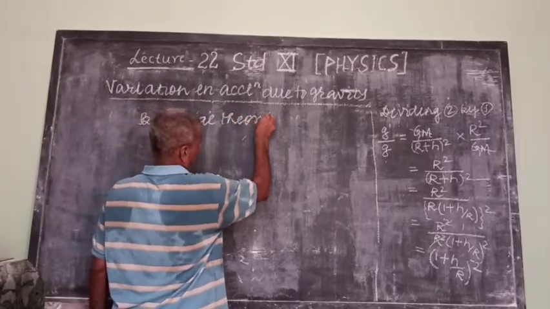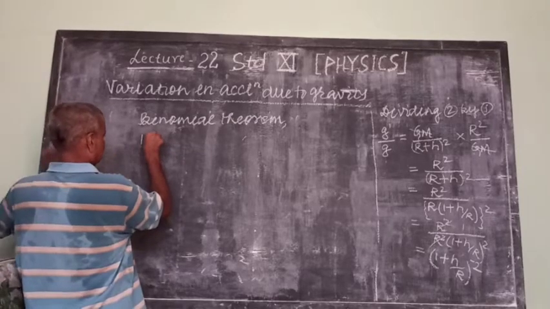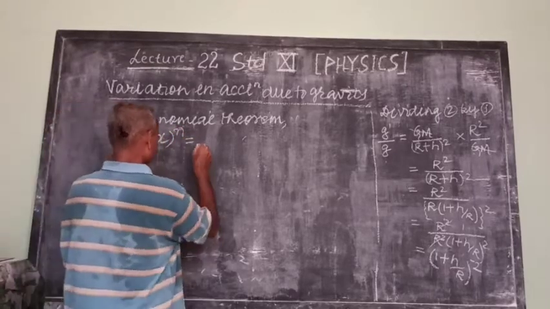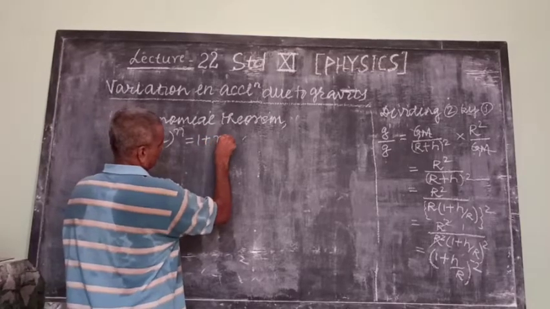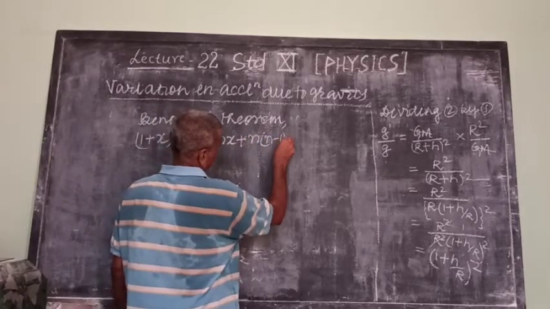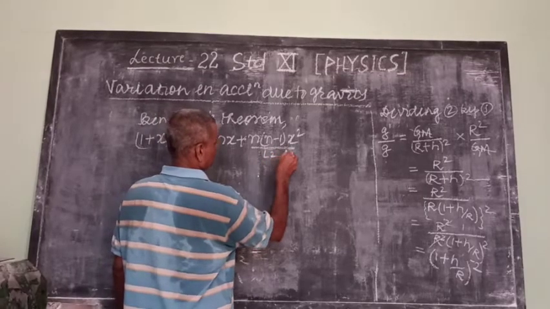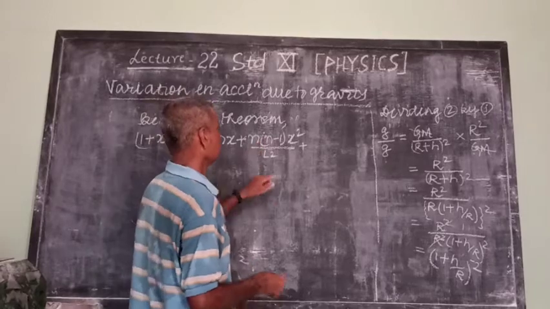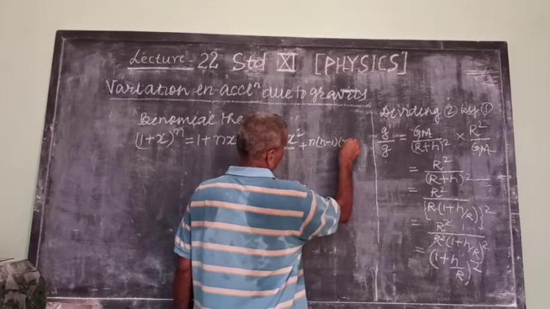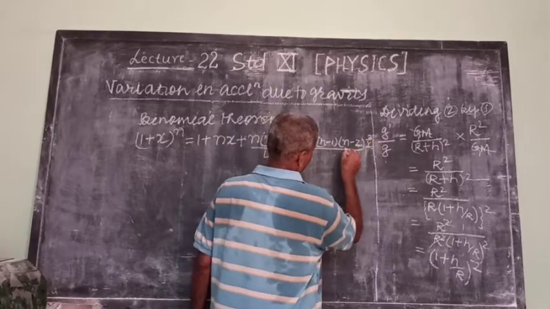The binomial theorem is: (1 plus x) to the power n equals 1 plus nx plus n into (n minus 1) into x square by factorial 2, plus the next term, n into (n minus 1) into (n minus 2) into x cube divided by factorial 3. This is the formula we study in algebra.